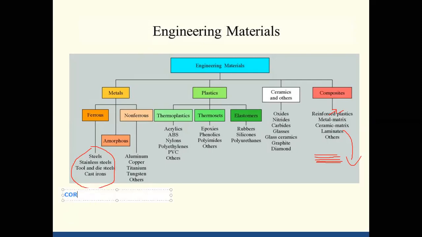In the case of non-ferrous materials, they do not get corrosion. For example aluminum, copper, zinc, titanium, tungsten, and other such materials do not get corrosion.